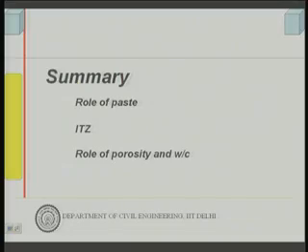So, let us now start summarizing. First, we have looked into the role of the paste. What does paste do? The paste of course provides the bond between the aggregate system and also bond between themselves. If you recall our lecture related to workability of concrete, we said that aggregate is dispersed in the paste matrix.